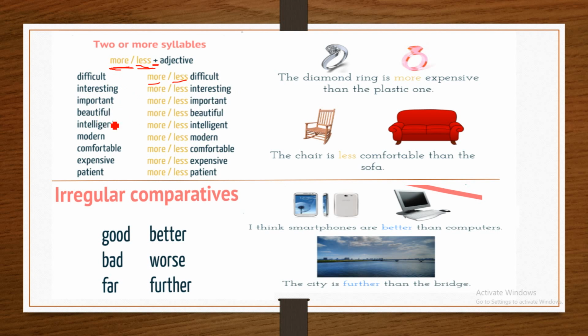Beautiful becomes more beautiful or less beautiful. Intelligent: more intelligent or less intelligent. Modern: more modern, less modern.